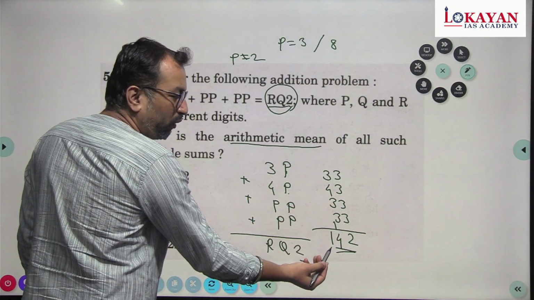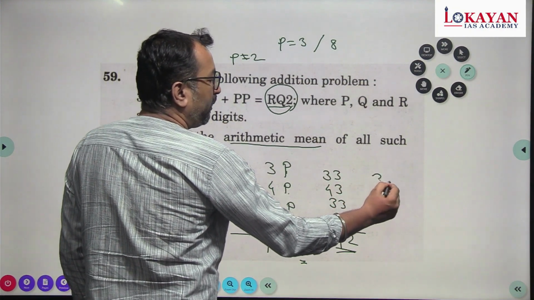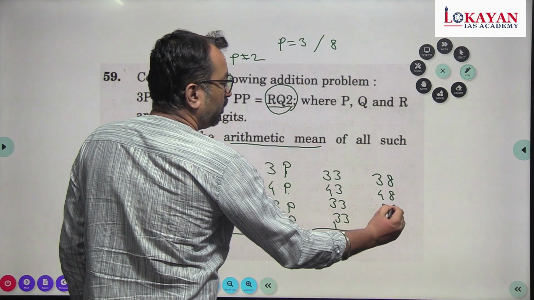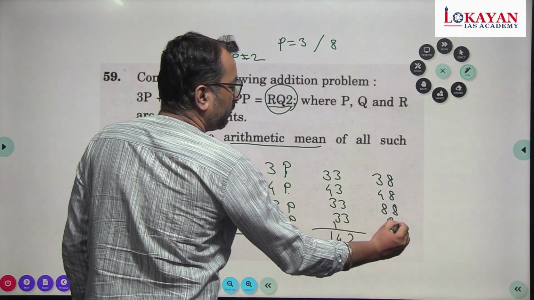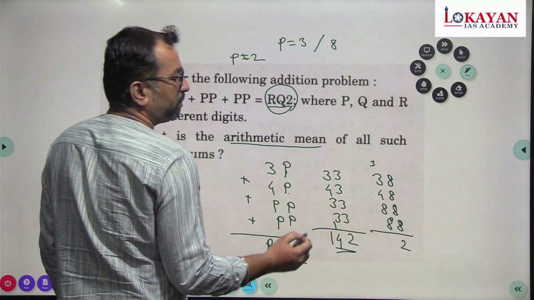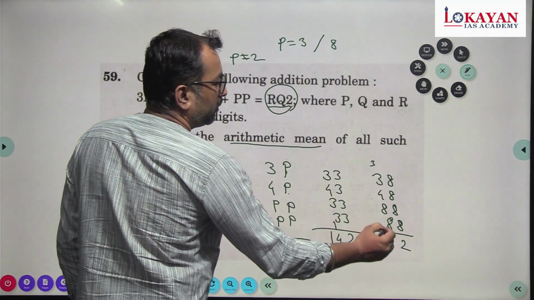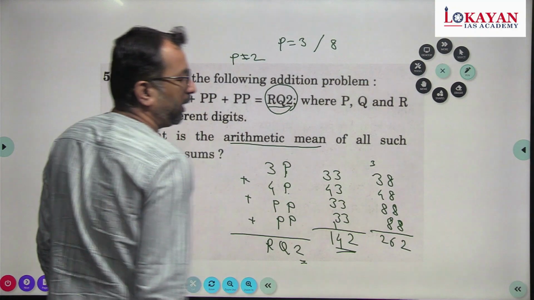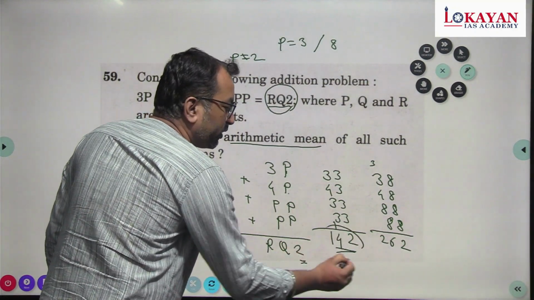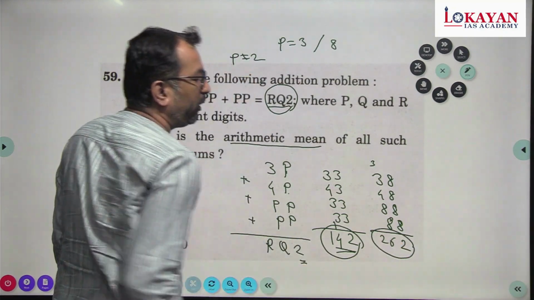When I put the value for p as 8, 88, 88, so the addition becomes 262. So I have got two sums, 142 and 262.